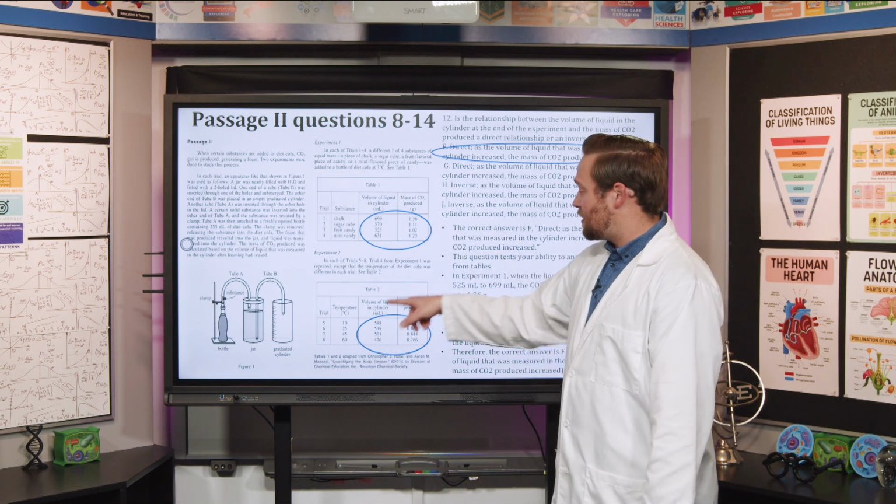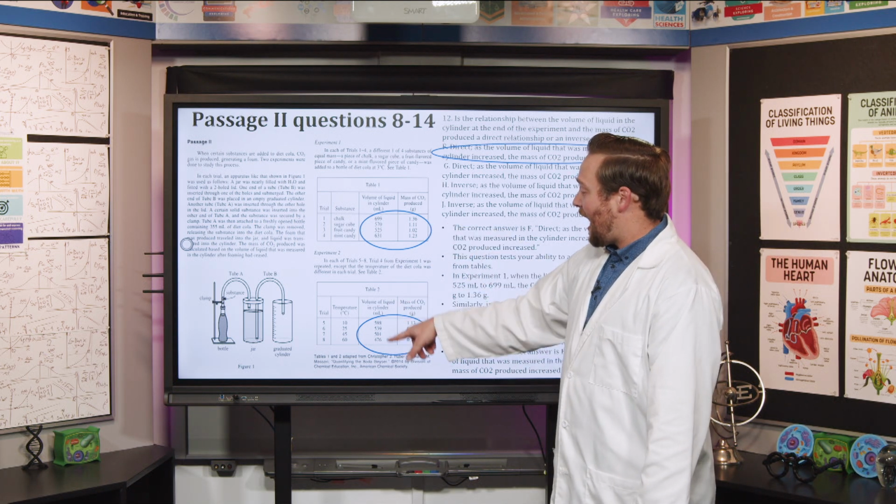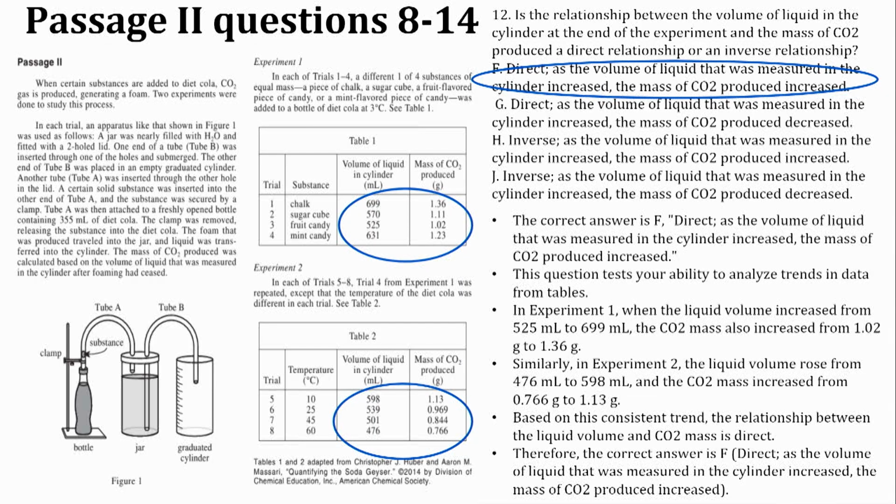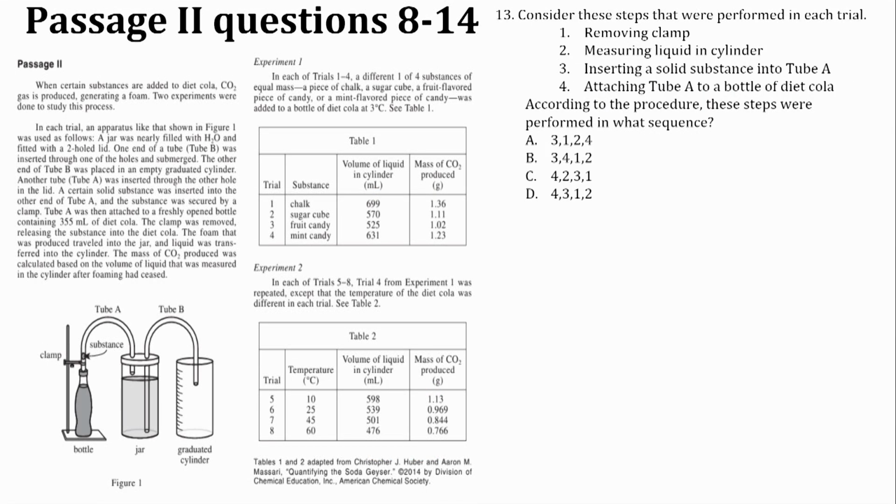And that trend continues down here as well. As one number in one column goes up, the number in the other column goes up as well. So this is a direct relationship. What this is telling us is that the more liquid in the cylinder, the more CO2 was going to be produced. Okay? Great job. I just have a couple more here, so y'all hang in there with me.